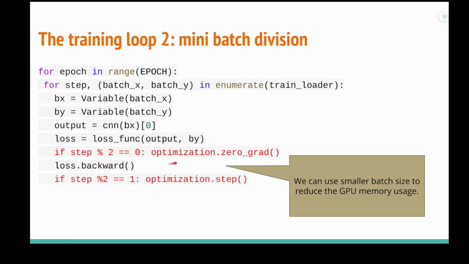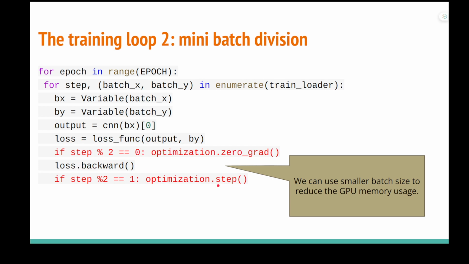We need to call the zero grad function to reset the gradients of the model before every mini batch. For example, in this example, we will do two backwards before we call the step function.